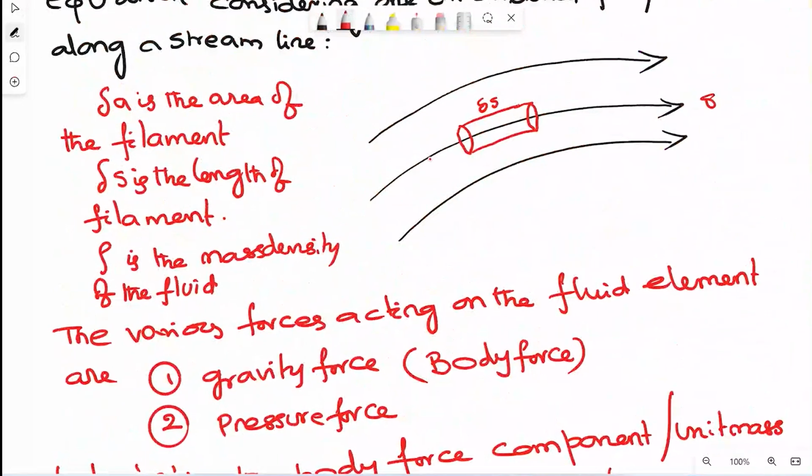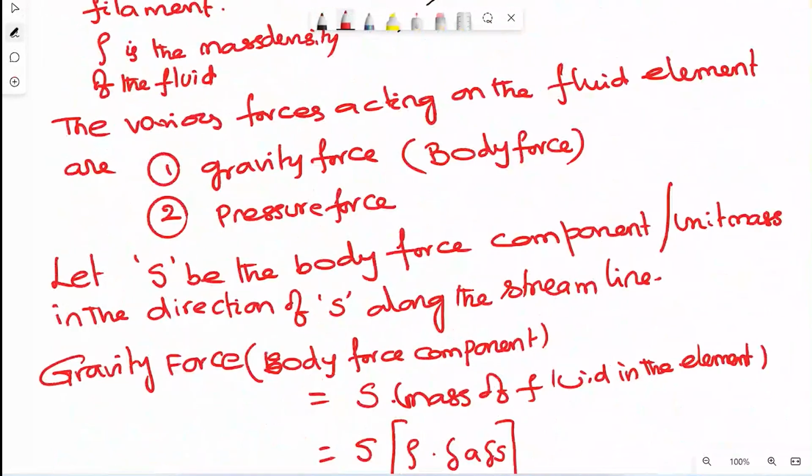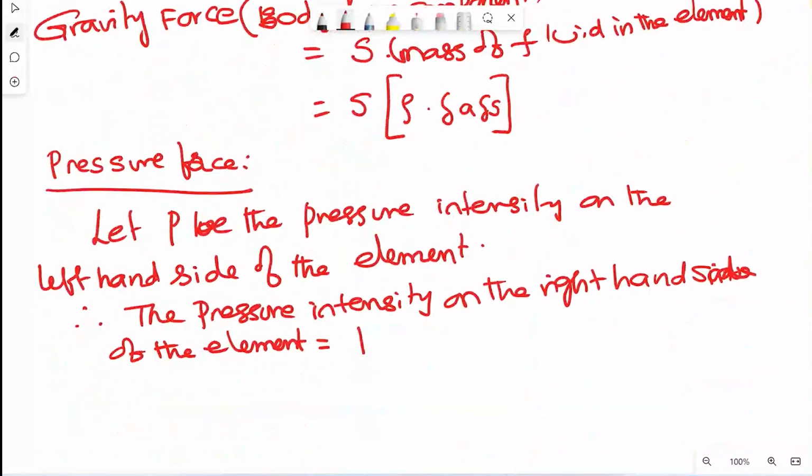Just go to the figure. P is the pressure intensity on the left. On the right hand side, because in the positive direction, it will be P plus dou P by dou S. Dou P by dou S represents the change in pressure per unit distance. But what is the distance here? Delta S. So it is P plus dou P by dou S into delta S. This is the pressure intensity.